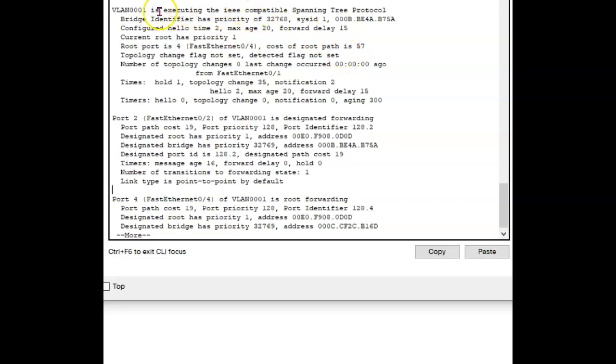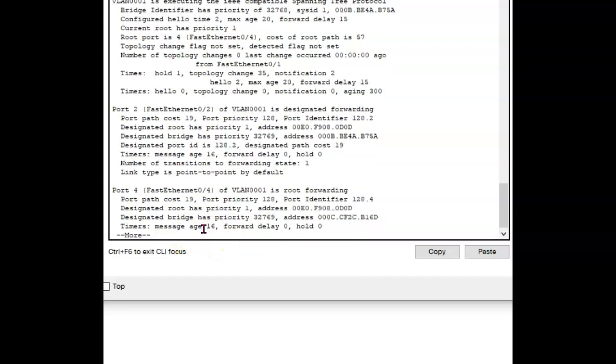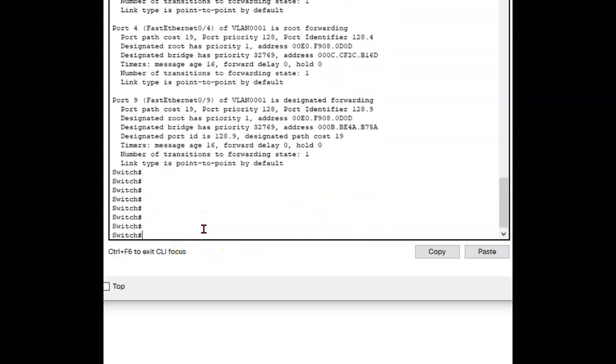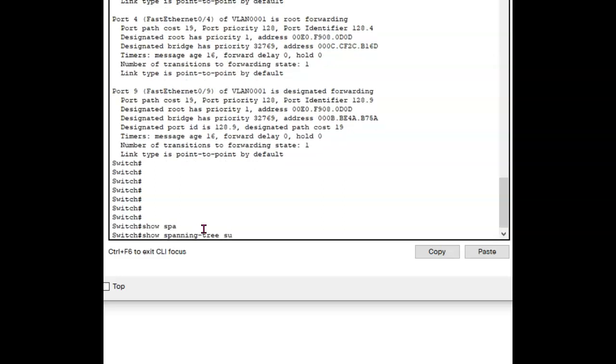This also, by the way, is one that tells me about the plus, that we're in PVST plus, that we're running an IEEE compatible Spanning Tree protocol. Let's look at the summary then. Show spanning-tree summary.